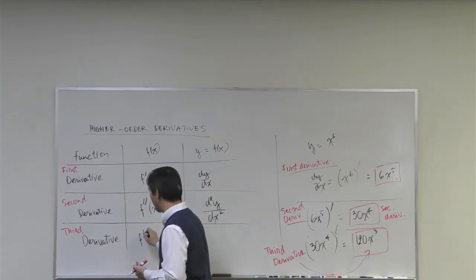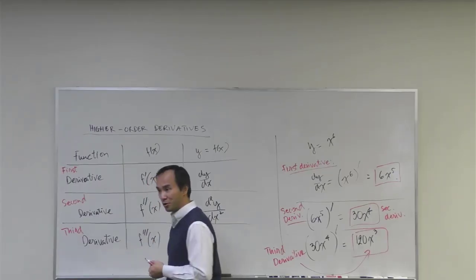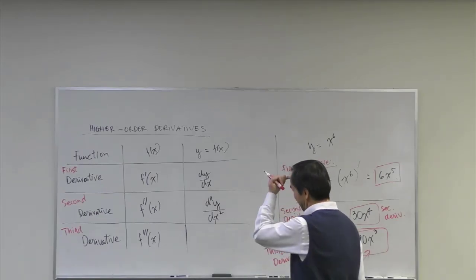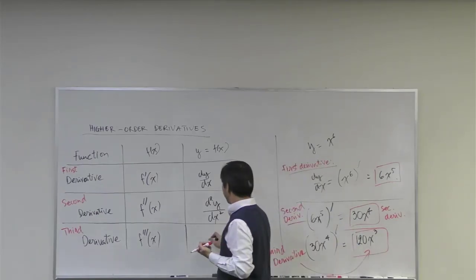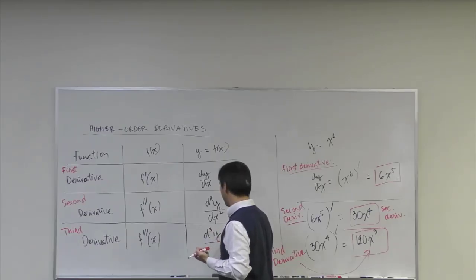So f triple prime, that's how we call it, the 3 primes there. That's the notation in function form. And then here it's easy enough: d cubed y over dx cubed. You guys following?